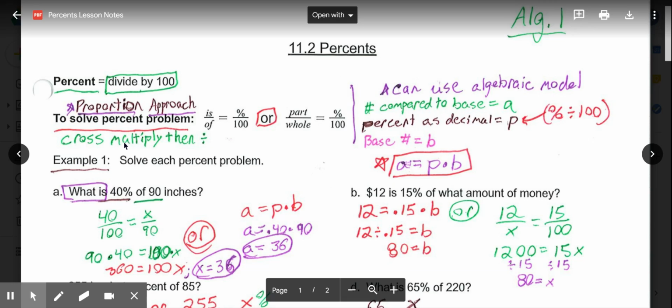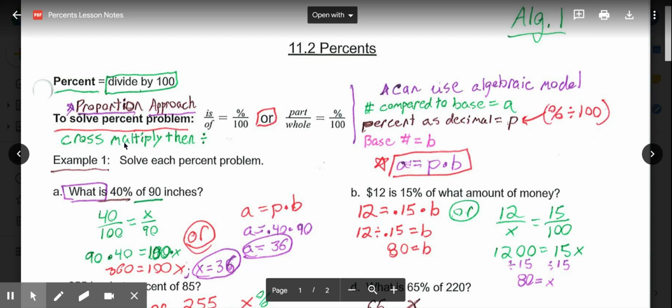What you want to think about depends on the context or the wording of the problem. Our setup is always is over of equals the percentage over 100, or the part over the whole or total equals the percent over 100.